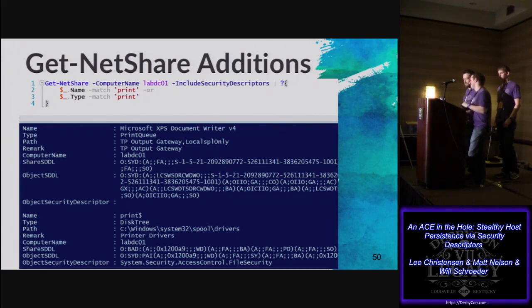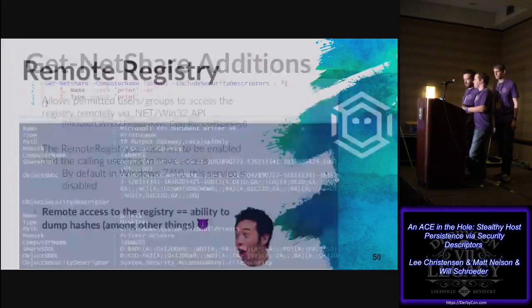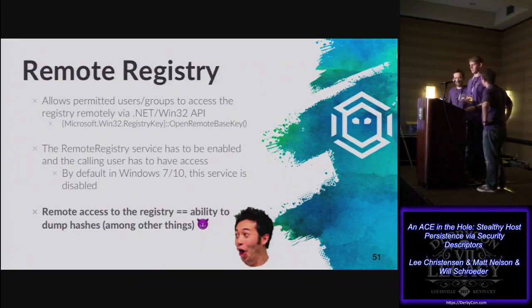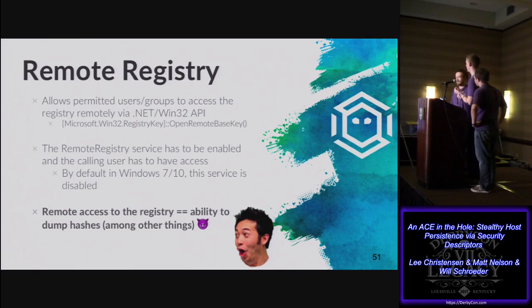PowerView has a function called Invoke-ShareFinder that enumerates all the shares on a machine in the network, and before it just disregarded print$ shares. This now enumerates the printers, the print$ share, gets all those permissions, and then will return that, and that way you can tell if you have admin rights over the printer as well.